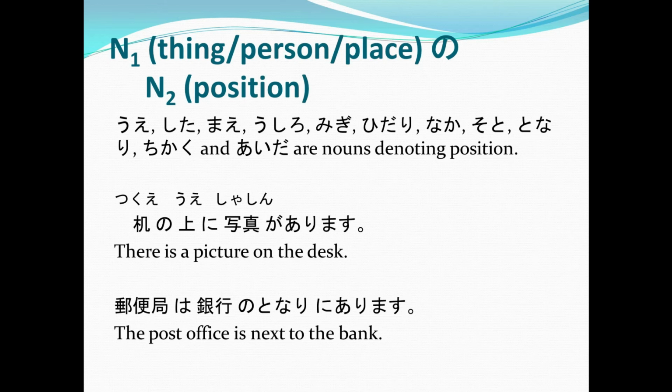So, it says that the post office is next to the bank. Now, Cedric, can you tell us where exactly are you now? Watashi wa beddo no ue ni imasu. So, Cedric said, Watashi wa beddo no ue ni imasu, or he is on top of the bed. Very good, Cedric.